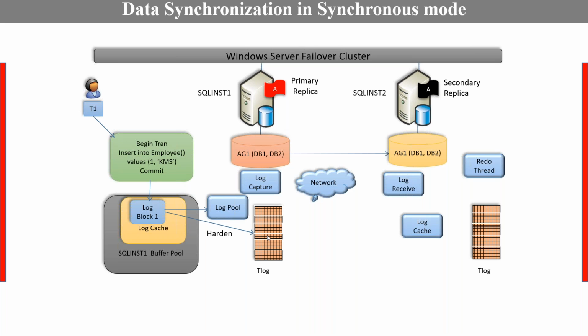I am not sure whether my memory got corrupted or my server got corrupted, the entire data is lost, right? Instead of that, what Microsoft is doing is hardening everything simultaneously into the log file to satisfy the WAL concept. Whatever changes you are performing.